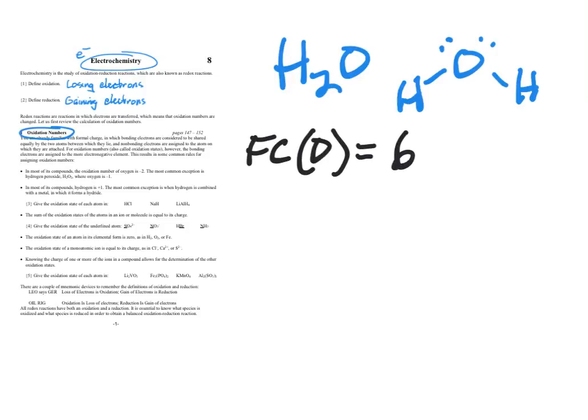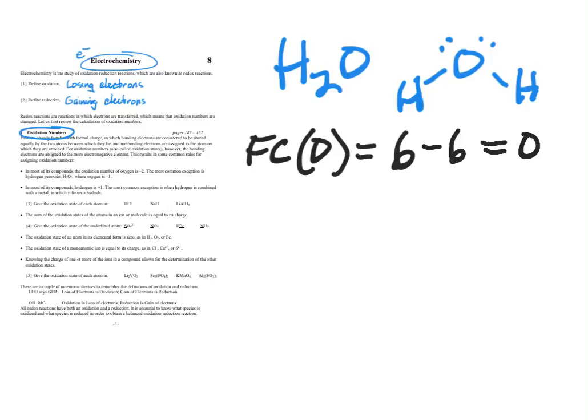Then you count the number of electrons around it. We have 1, 2, 3, 4 electrons from the lone pairs, and then, as you'll recall, you take the bonding electrons and split them in half. One goes towards the oxygen, the other goes towards the hydrogen. So we have a total of 6 electrons around the oxygen. We subtract those 6 electrons, and the oxygen has a 0 formal charge.